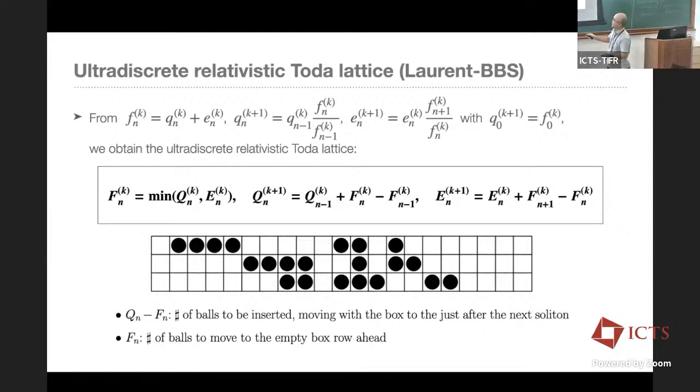But from here, from f to capital F, and the plus sign goes to the minimum operation, and q to the here, and plus, minus, and plus. I think that it's just a simple operation. It will give us this one, and then we will obtain this binary time evolution that has appeared.